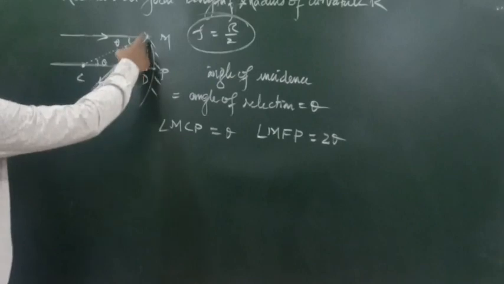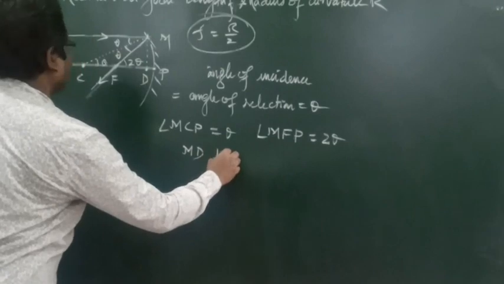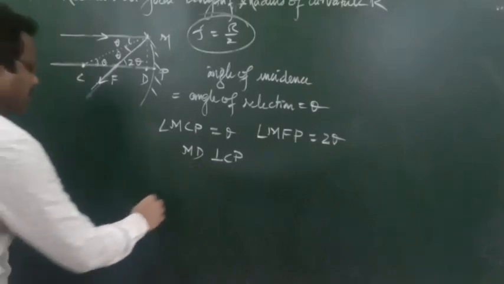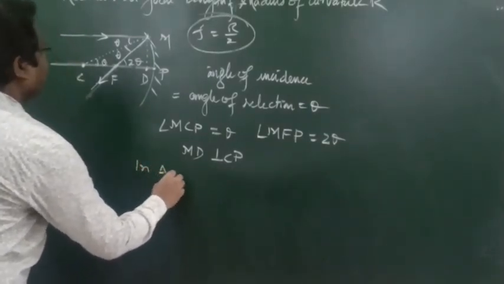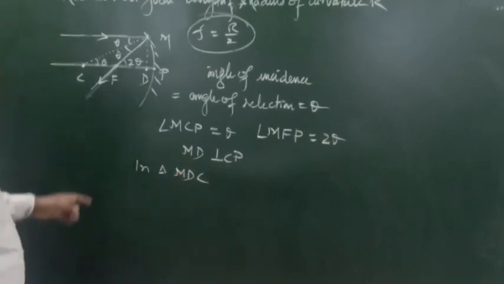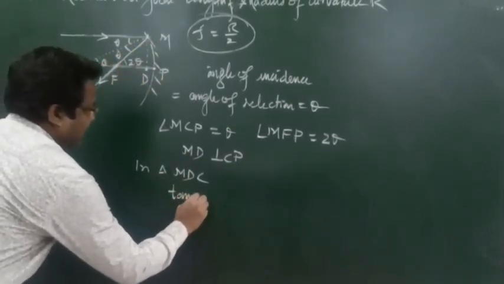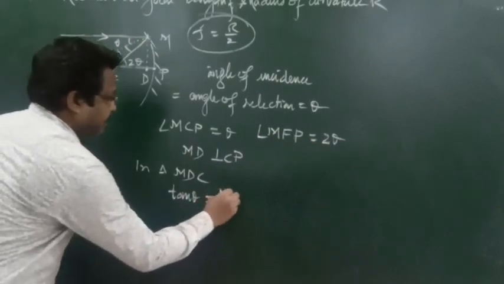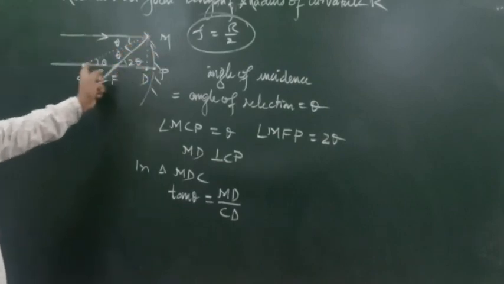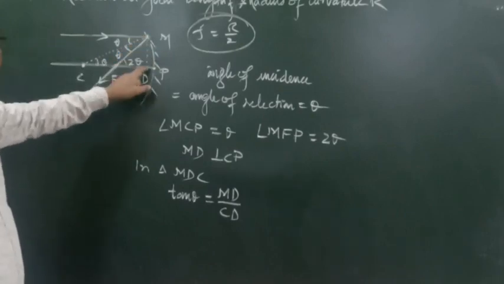Here, if I drop a perpendicular, MD is perpendicular to CP. Is that clear? Now after that, I define tan theta in triangle MDC: tan theta will be equal to MD upon CD.